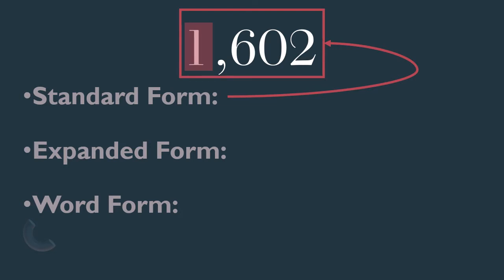So the 1 in the thousands column is valued at 1,000. We're going to add that to the value of the 6 in the hundreds column. 6 in the hundreds column is equal to 600. Now, we have to add that to our next value. But the next value is 0 in the tens column, and that's simply 0.